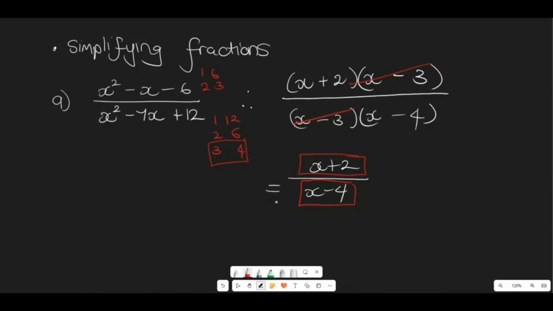These are 2 different expressions. You can't just cancel out the x's and leave the +2 and the -4, right? So yes, if they were single terms, you could do that. But in this case, they are not single terms. This x minus 4 is one full expression, right? Please don't make that mistake, guys.